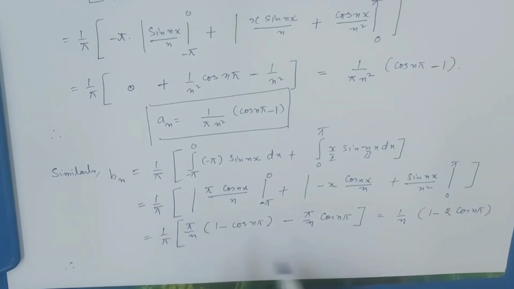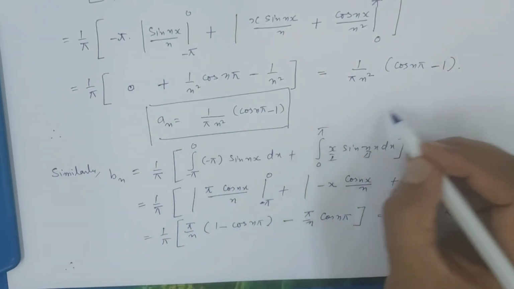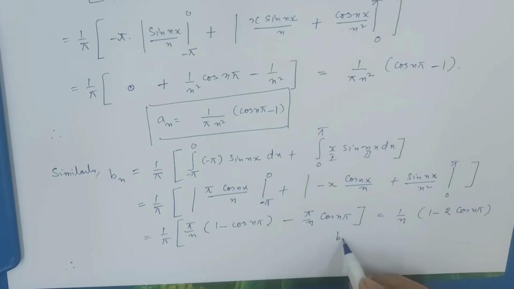So therefore bn equals to 1 upon n, 1 minus 2 cos n pi.